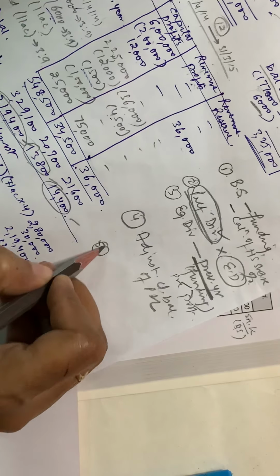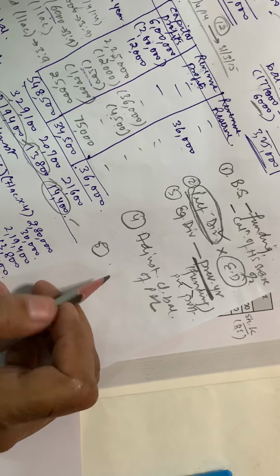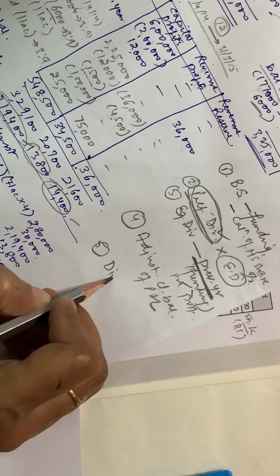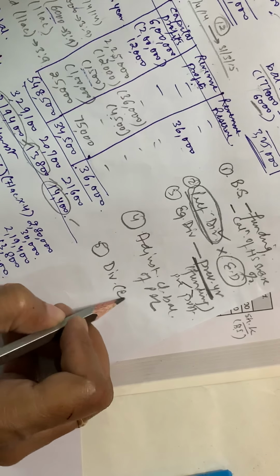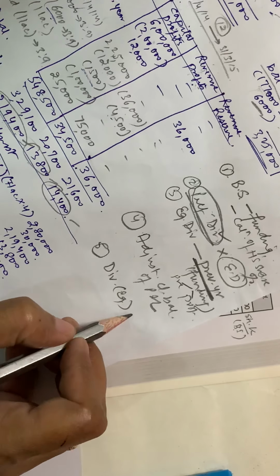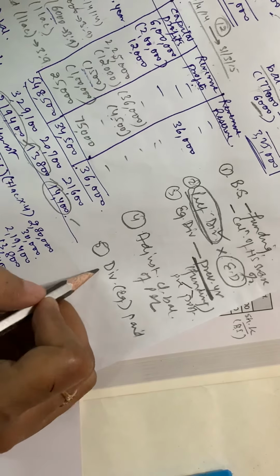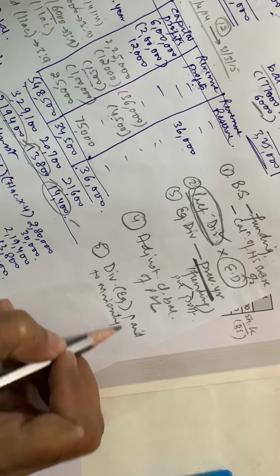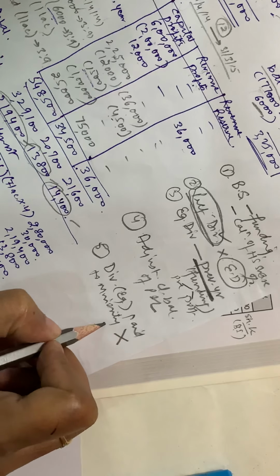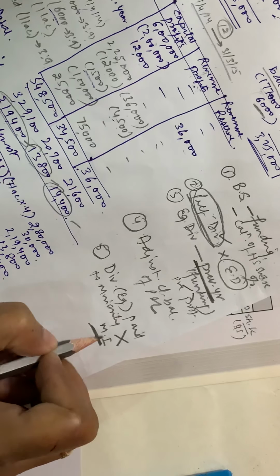Then fifthly, I would say that the equity dividend which is paid to minority will not be added in the minority interest. Reason being, they have already been paid.